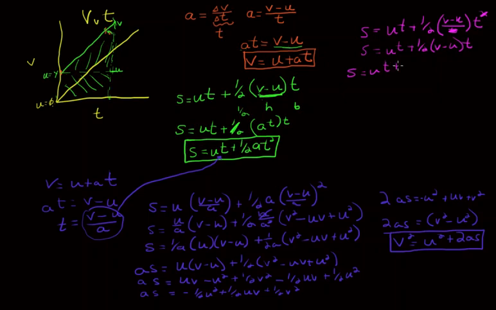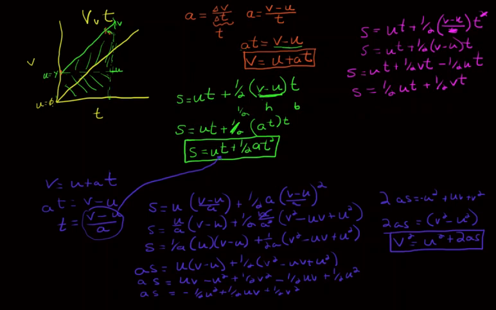S equals ut plus 1/2 vt minus 1/2 ut. And so S equals 1/2 ut plus 1/2 vt. 2s equals ut plus vt, and it should be, let's see, do I want to do that? Nope, sorry. We could do it this way.